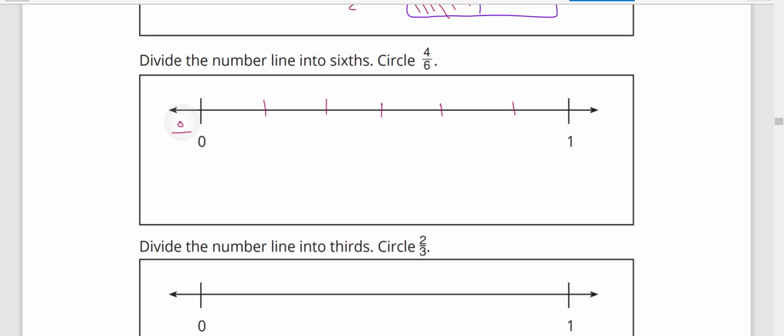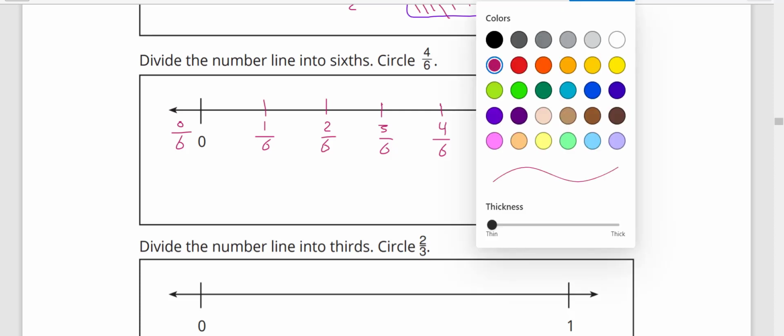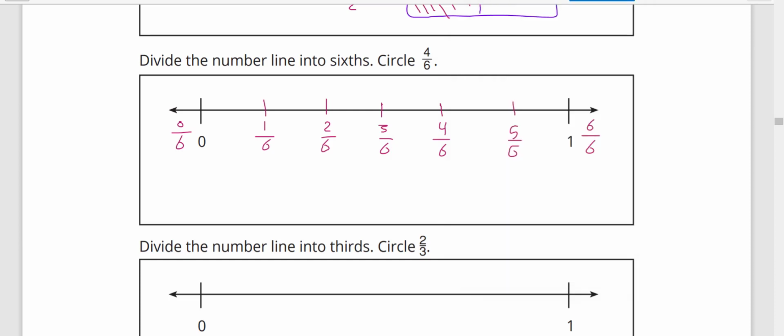Write 0 sixths, 1 sixth, 2 sixths, 3 sixths, 4 sixths, 5 sixths and 6 sixths. Okay? Circle 4 sixths.